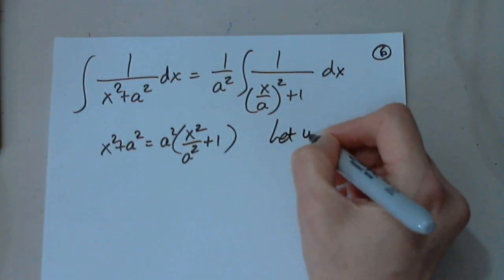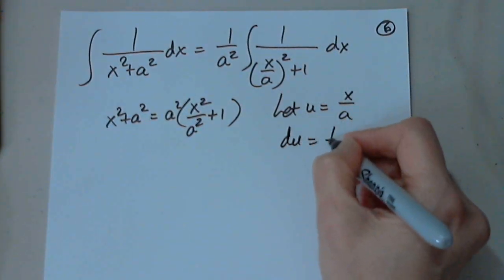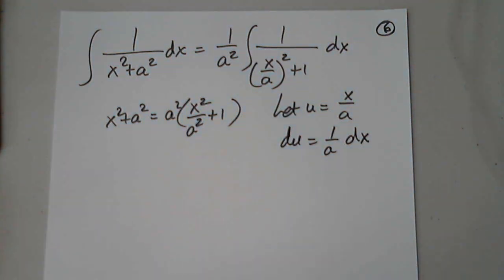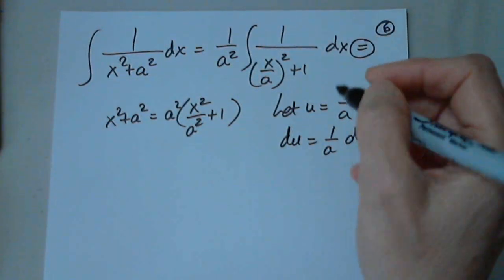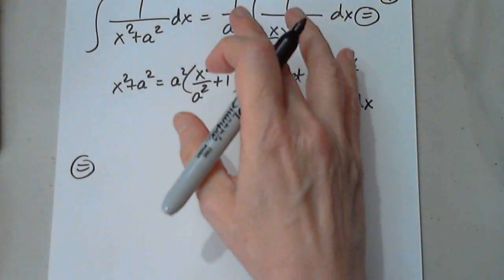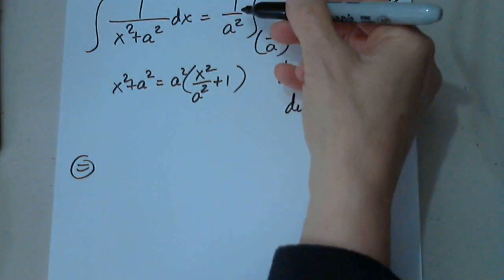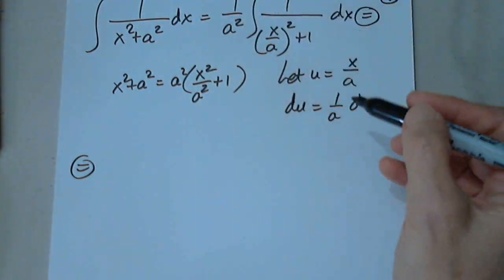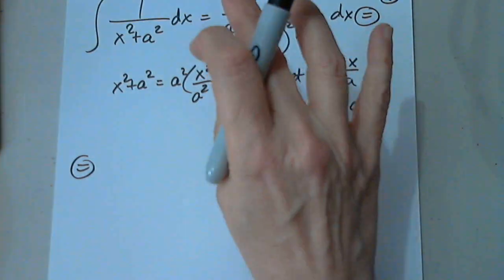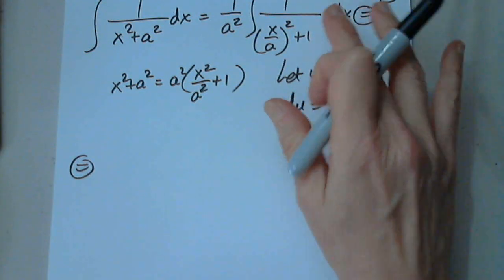Now I will say let u be x over a. And of course du will be 1 over a dx. So now let's see what happens. The number in front is 1 over a squared, but I really need 1 over a with dx. So I'm going to keep 1 over a in front, but I will connect the other 1 over a with dx.